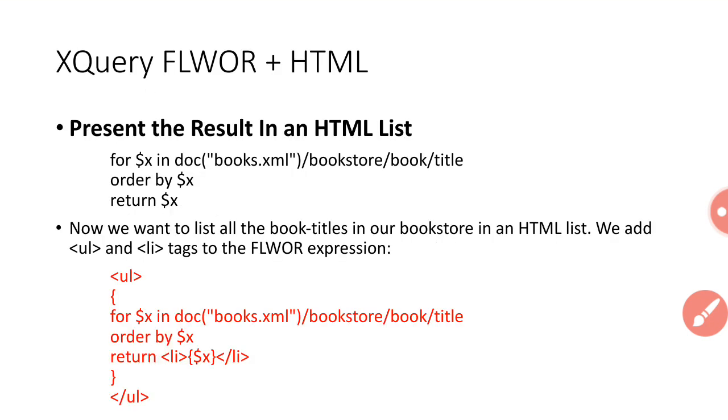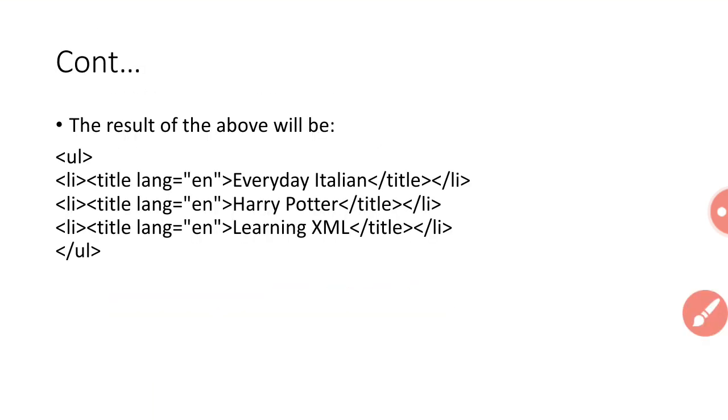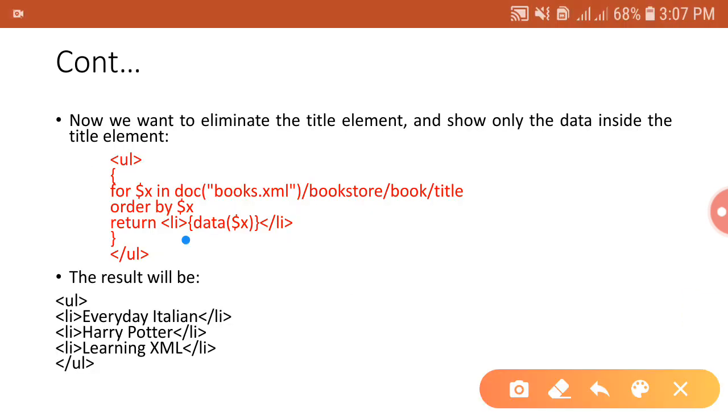If we want to retrieve title, we will just write $x, variable x. If we want to retrieve content of all the title elements, then we have to write data of variable x. So result will be this.